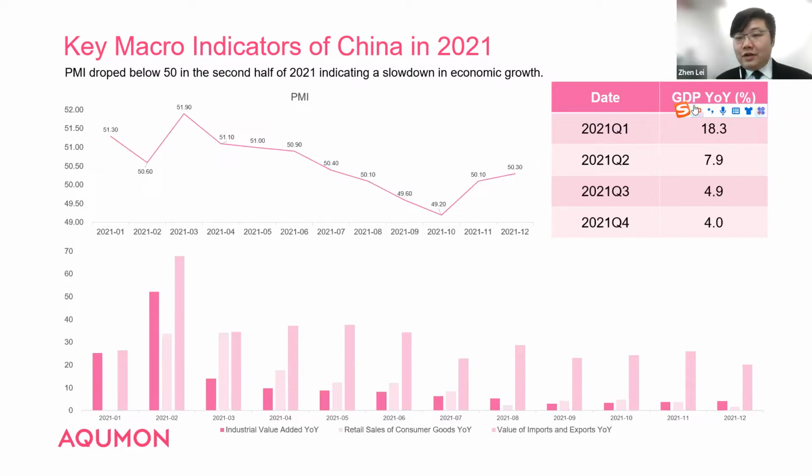And we can see clearly that for the statistics of the GDP YoY growth for the 4 quarters of China, the statistic declined significantly throughout the year.